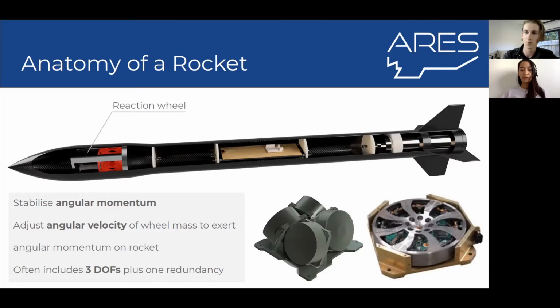For these types, you can have a combination of, in this photo, there's 4 of them, but basically they're just flywheels that spin, creating angular momentum and rotating the rocket along the 3 different axes. In our rocket design, I believe we only have 1 reaction wheel for 1 degree of freedom, and that's meant to help orient its roll.